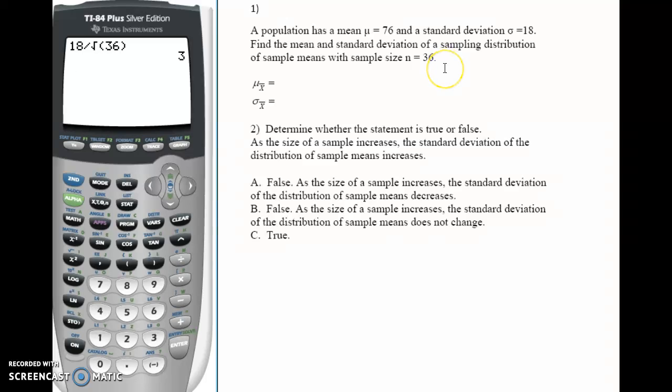What happens if we increase our sample size n to 100? So we get 18 divided by the square root of 100, which is 1.8. So what happened to sigma sub x bar? It decreased. It did not increase.